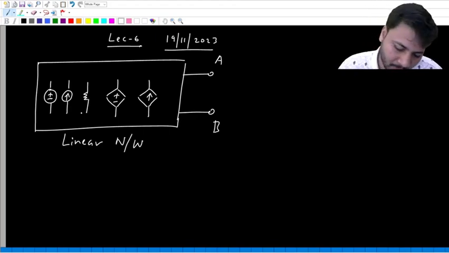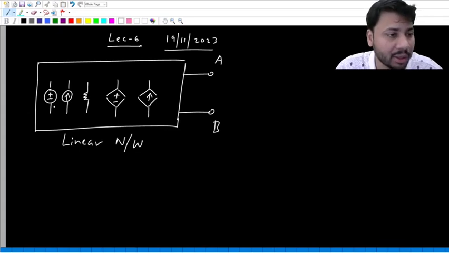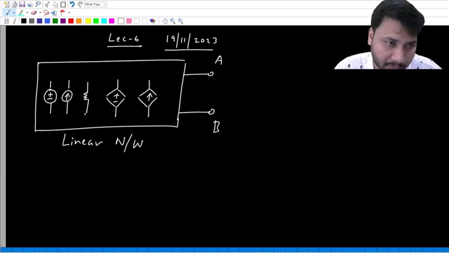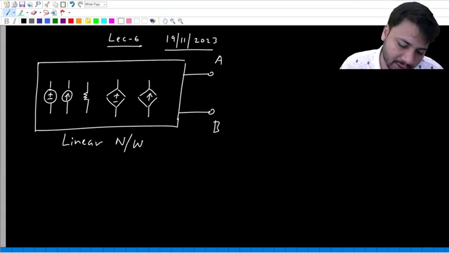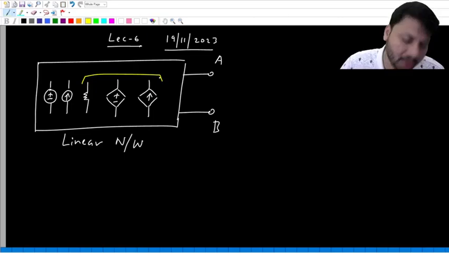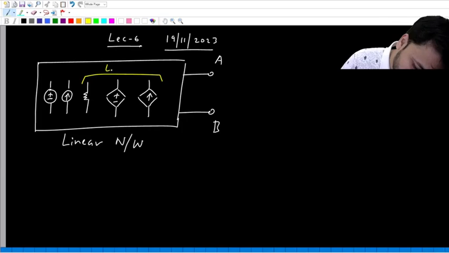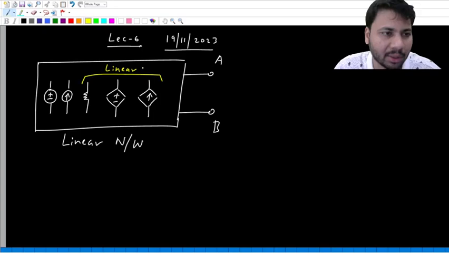You might say voltage source and current source are nonlinear, but I always tell you that these two sources act as inputs. So they are not really considered part of the actual system. The actual system consists only of the elements apart from the independent sources, and all of those are linear elements.